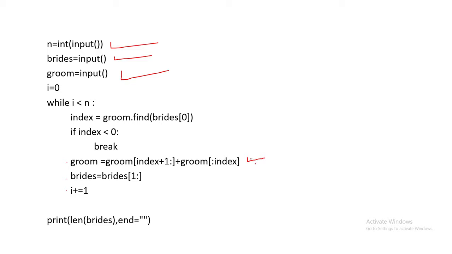As I told earlier, it pops out the groom and rearranges the grooms in the queue again, and this condition pops out the bride with priority, and then we go to the next bride. When we have iterated through the whole loop, the length of brides will be our output.